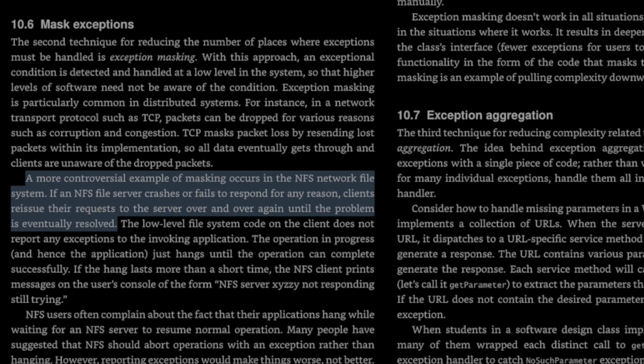Page 83 talks about masking in the NFS network file system. NFS was a disaster. This thing just makes my blood boil. NFS basically is set up so that when there's a timeout error or some kind of error, the system just locks, and it just waits until everything comes back. And if it doesn't come back perfect, then nothing works again.